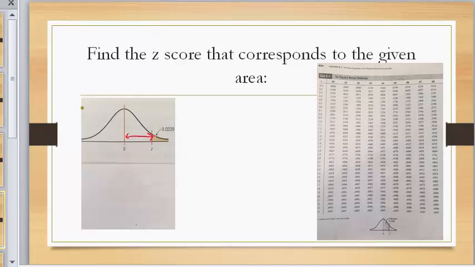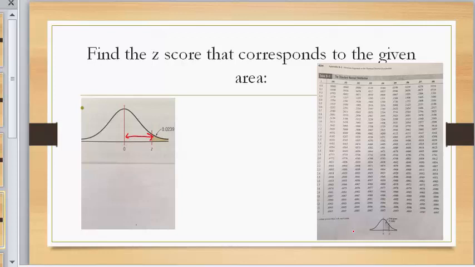So oftentimes students will come into a problem like this and they will go immediately to the table to look up 0.0239. But remember that the only thing you can look up in the table is from 0 to z. So I have to work on this number first before I can go to the table.